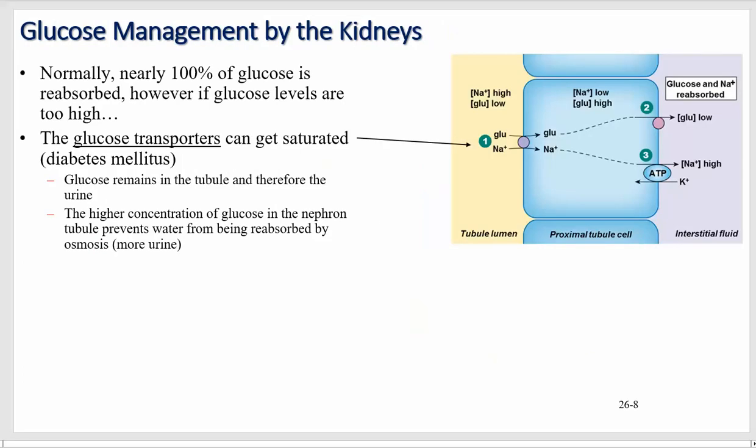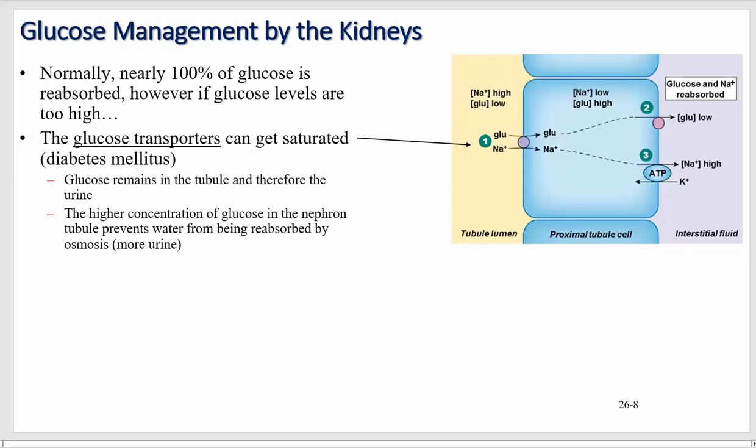All right, so glucose. We need to talk about glucose. One thing we know in general, though we haven't really talked about digestion and absorption yet, is that pretty much all the glucose that you take in orally as food, and what is made in the body, your body keeps.